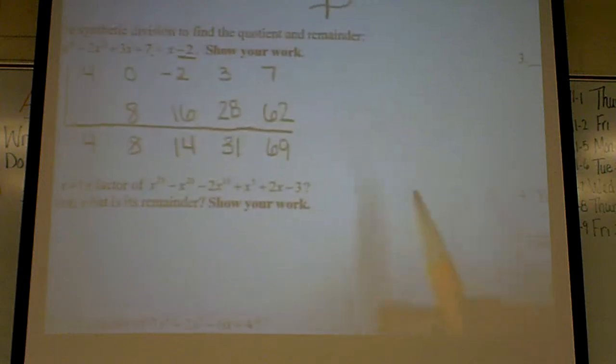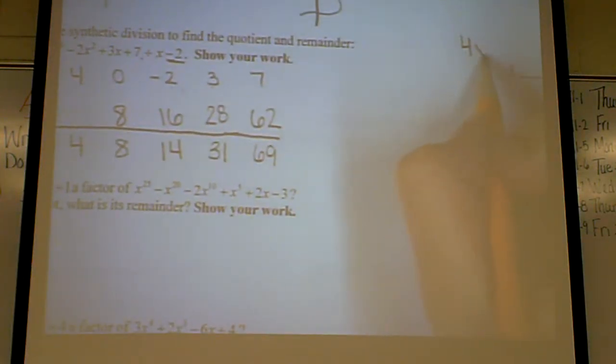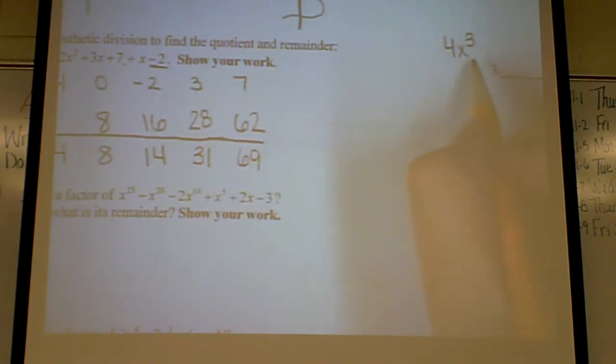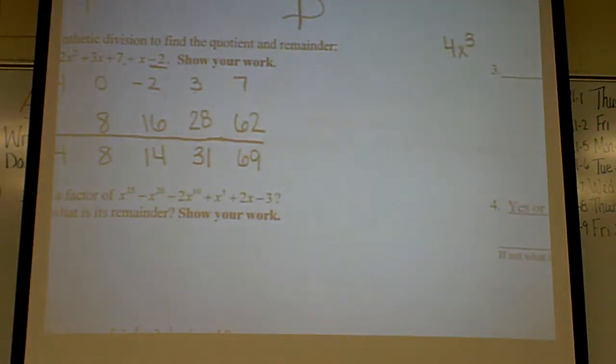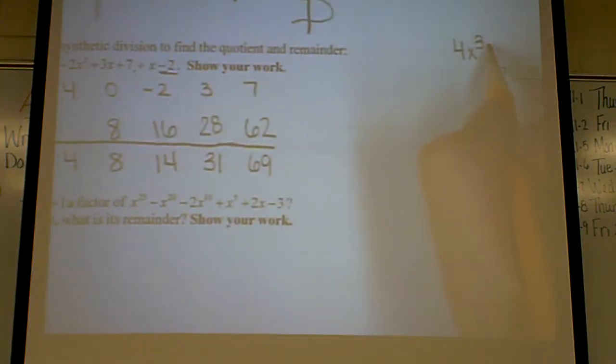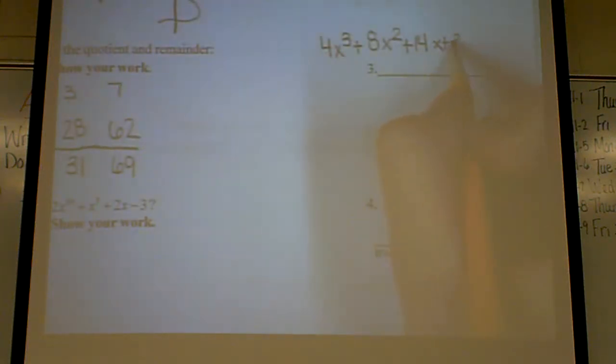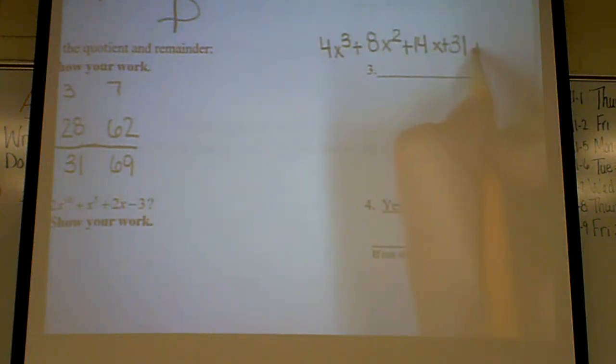4x cubed plus, why did you start with cubed? Because it's 1 less than what you started with. Right. So 4x cubed plus 8x squared plus 14x plus 31 plus 69 over x minus 2.